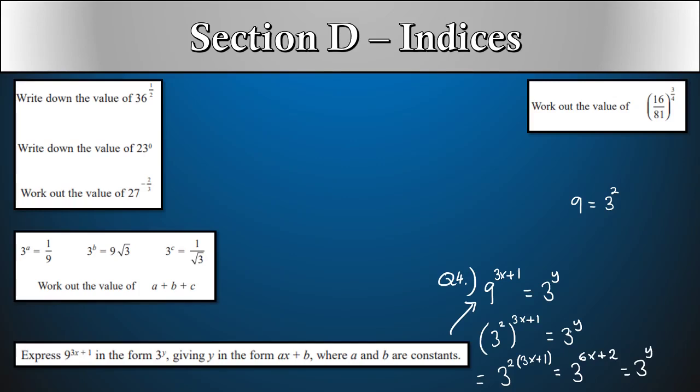So in that case, our y, so it sounds very obvious, but if these two bases are the same and they're equal, then the powers just simply must be equal to each other. Y must just be equal to 6x plus 2. So if we just write that out as they're asking for in the question, that would be 6x plus 2 there. Okay, that's exactly what we've got to show. So A is 6, and then B is 2. Okay, so that's section D fully complete there.